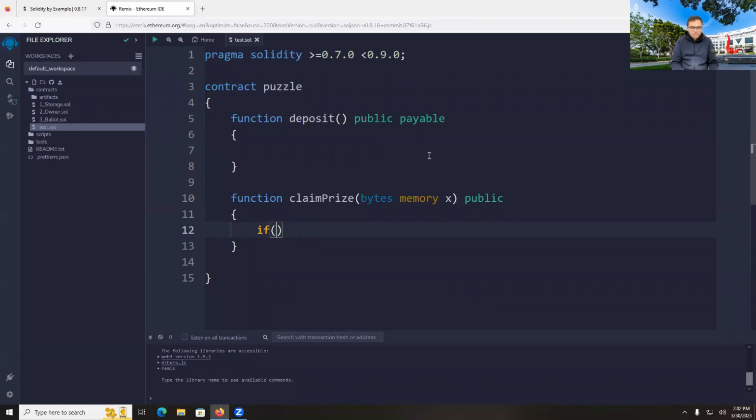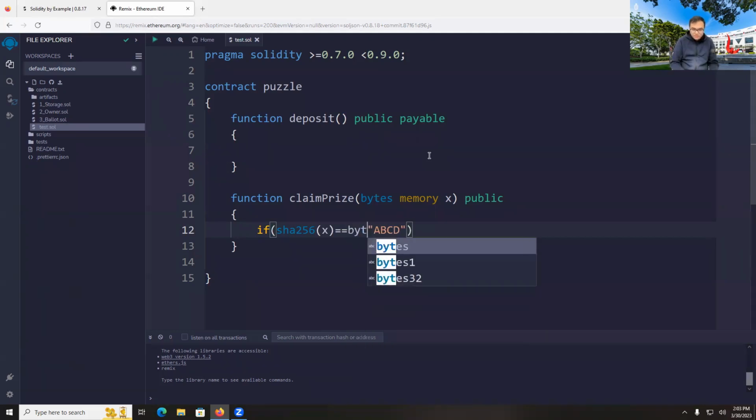And in Solidity, again, we have a lot of predefined hash functions. One of them is SHA-256. So I want to say if SHA-256 of X is, I don't know, A, B, C, D, E, or something like that, or actually A, B, C, D, let's say.